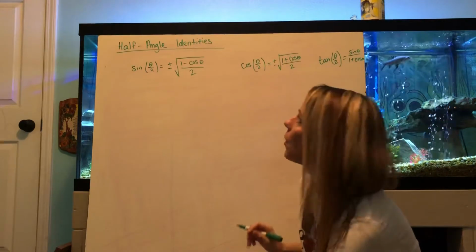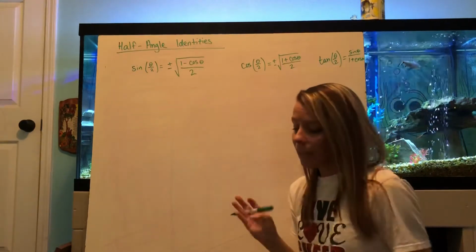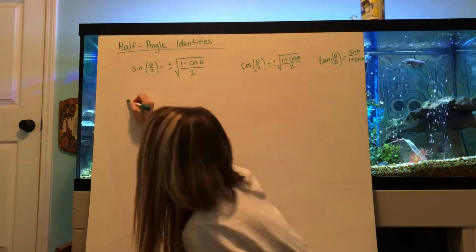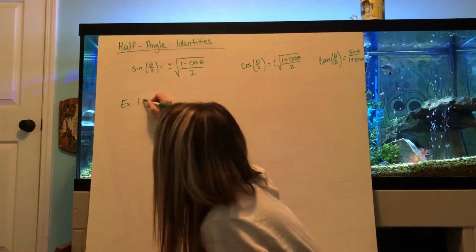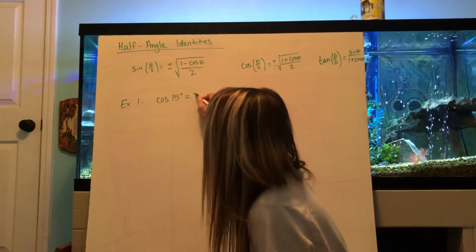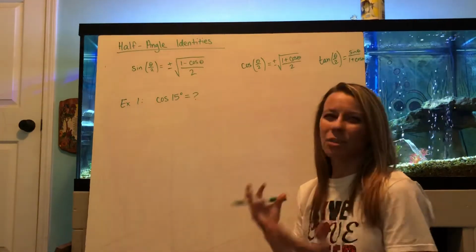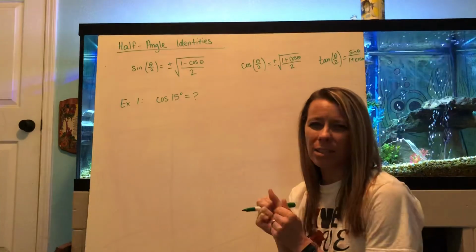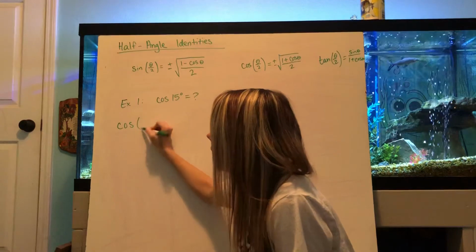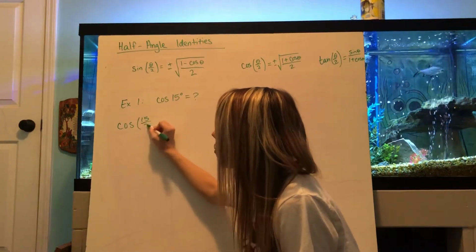Okay, so if we are looking at example 1, it says find the exact value of cosine 15. Now here's kind of the tricky part that confuses kids: we do not want to write cosine of 15 over 2.